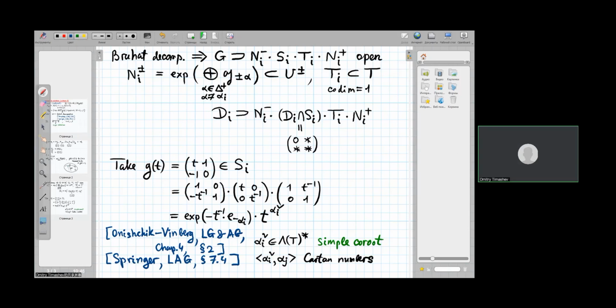But Professor, I think when we use this notation, the gamma, the character in the exponent is from the character lattice of T, not the dual of the lattice, I think. No, the co-root is in the dual of the character lattice.